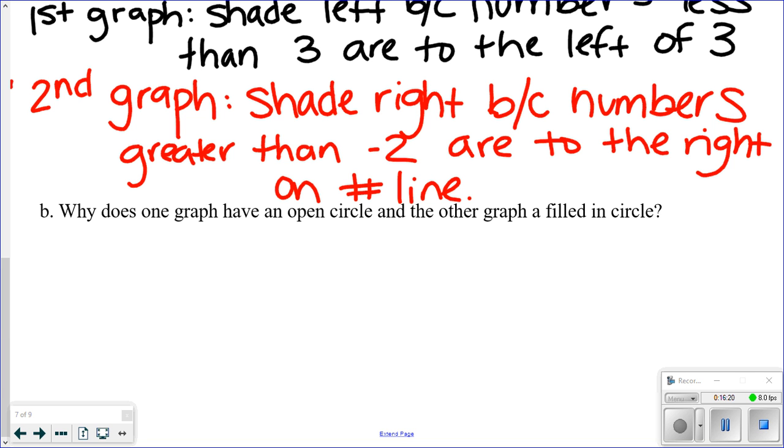So this time our solid ray goes to the right, because those are the numbers greater than -2.